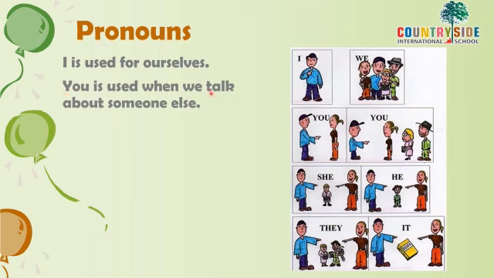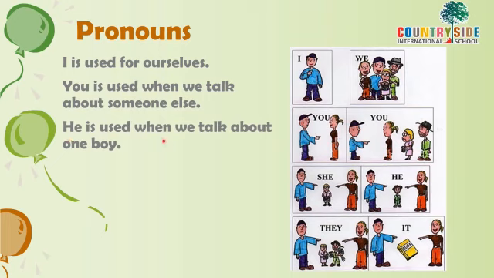You is used when we talk about someone else. When we're talking about someone else, we tell them you. He is used when we talk about one boy. When we are talking about one boy, we say he. He is a boy.